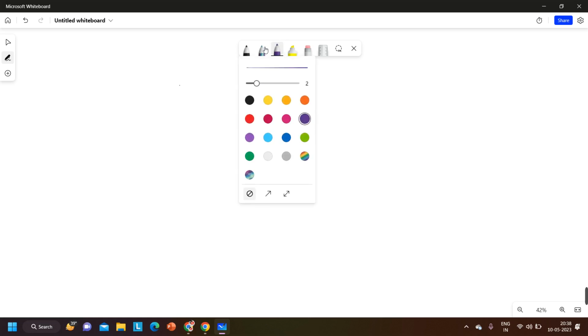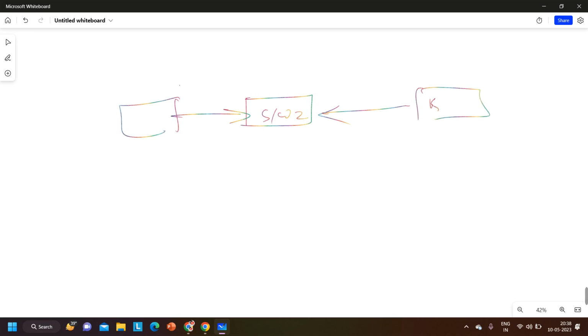Okay. Now we have to understand how to identify the superior BPDU, the best BPDU, because suppose a switch is receiving BPDUs from multiple switches. Like in my scenario, switch 2 is receiving a BPDU from switch 1 and also from switch 3. This is switch 2, here is switch 1, here is switch 3.